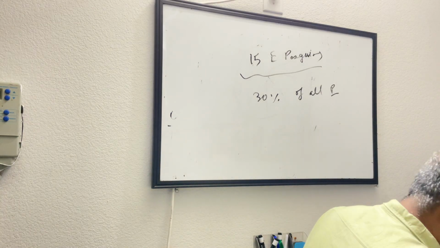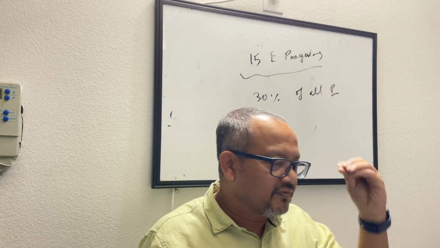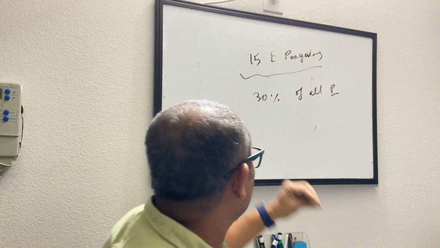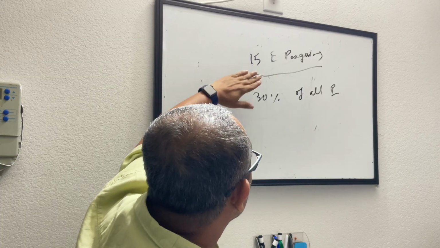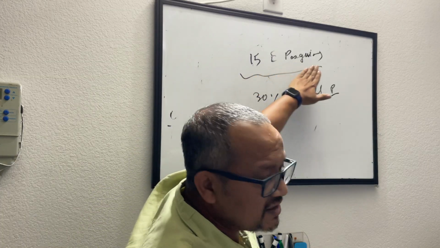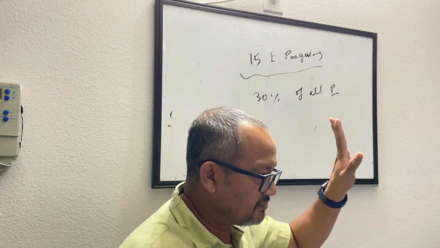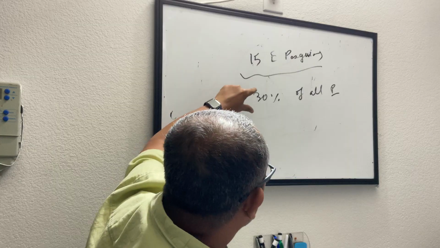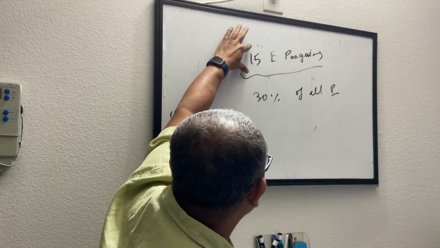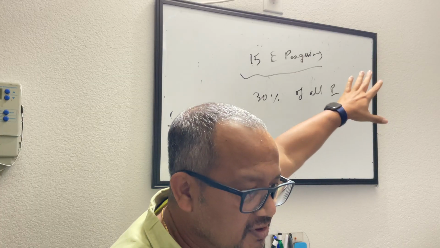45. Now, see, this is what I will do with the limited amount of intelligence I have. Let's read the question. The question says there are 15 emperor penguins in the zoo. Okay, that's a type of penguin. And this 15 is 30% of all the penguins that we have in the zoo.